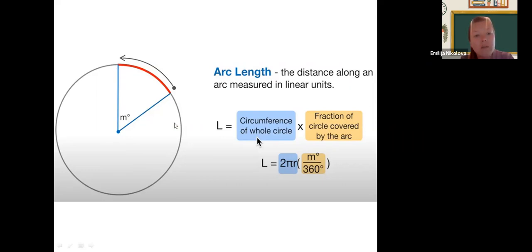The circumference of the circle is 2 pi r. And then we have the fraction of the angle. For example, if the angle is 30 degrees, it will be 30 over 360, because 360 is the degrees of the whole circle. So it's the fraction of it.